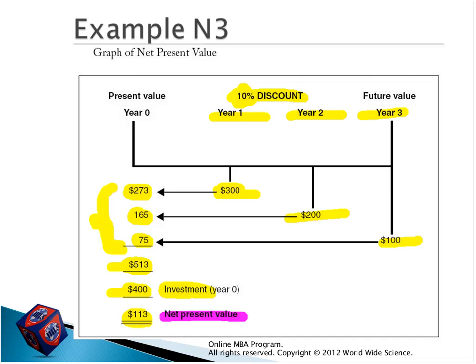And the difference, the net profit of this project, is equal to 113, and we call it the net present value. This is very important: you must remember the steps of the calculation. So we have 1, 2, 3, 4, 5 steps, right? You must remember those 5 steps.